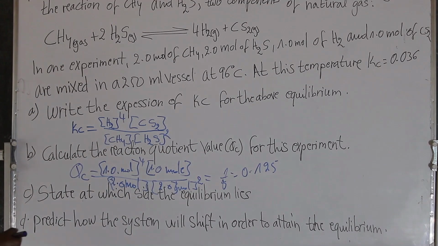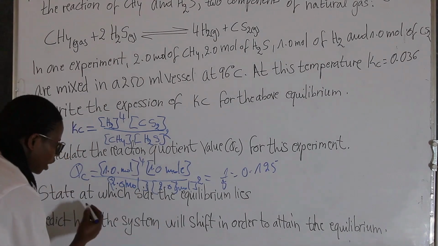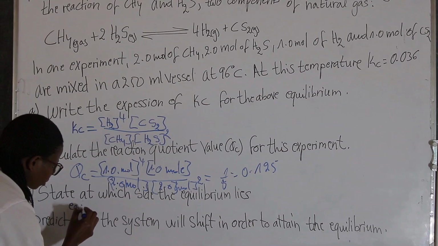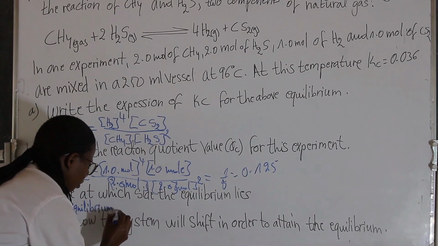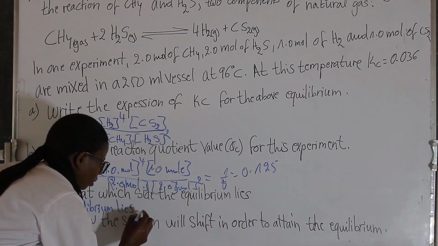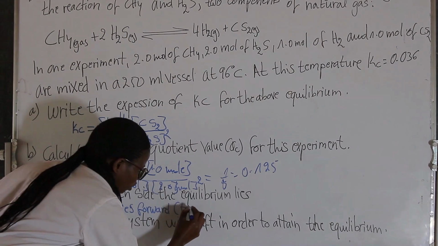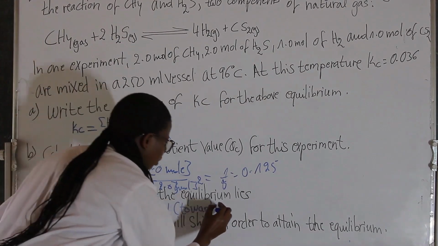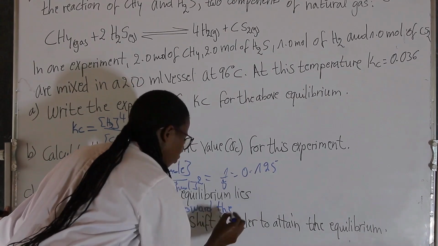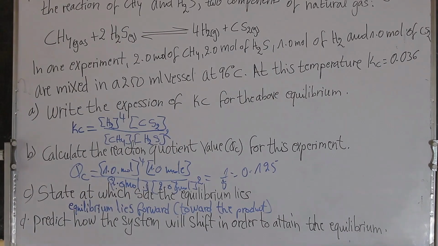When it is less than 1, the equilibrium shifts forward, meaning toward the products. Because this quotient is less than 1.